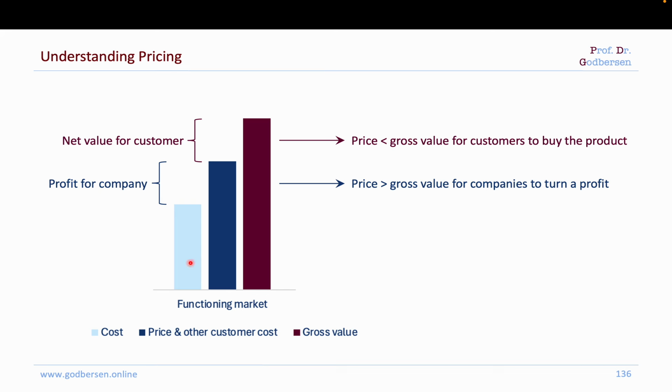Or in other words, the cost needs to be lower than the price. The customer needs to have a situation in which the value he gets out of our offering, out of our product, is higher than the price and his or her additional cost. Now it is about where should our price be?